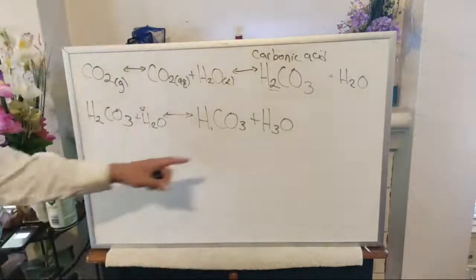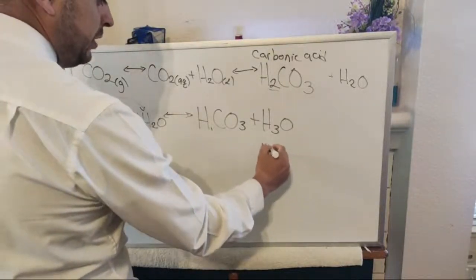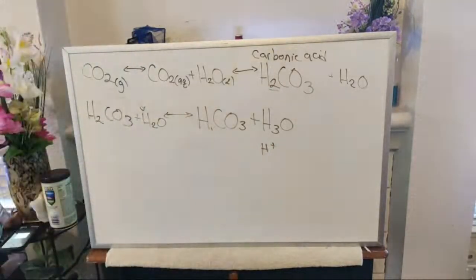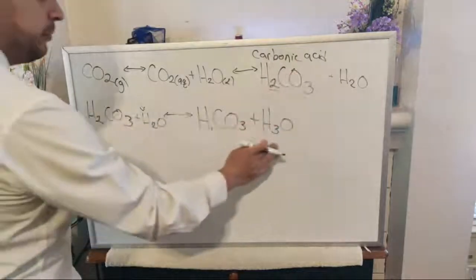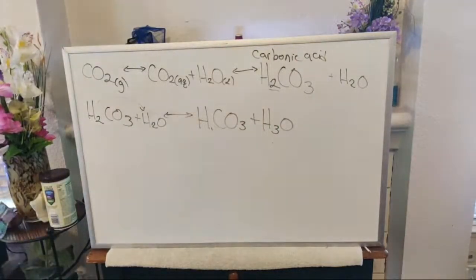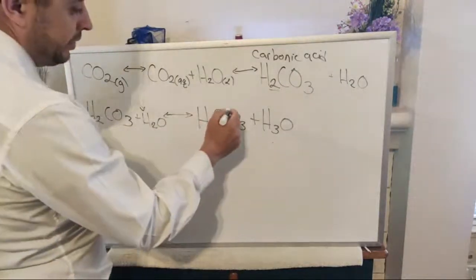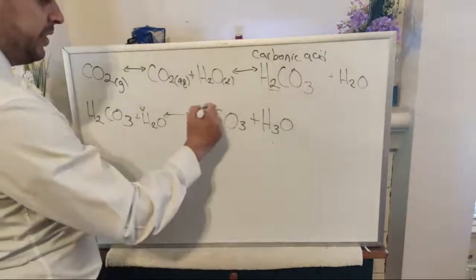Another way to write H3O is just H plus, a proton. You see that? You donated one of the protons to the other side. That's what's happening. And now you get this right here. This is bicarbonate.